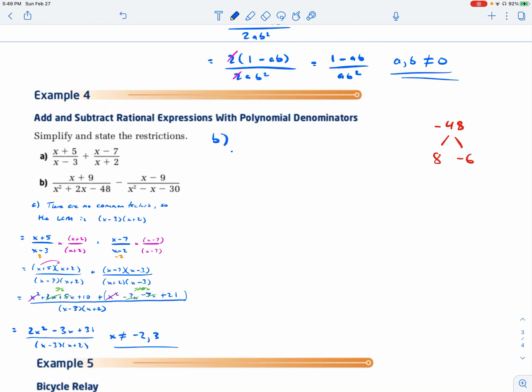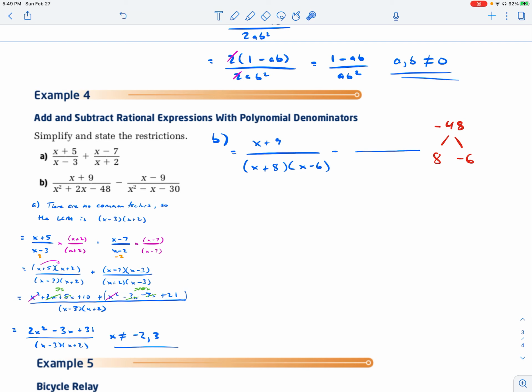So let's go ahead, we can write this out. X plus 9 over x plus 8, x minus 6. Okay, and that's going to be minus the next one, this one here.